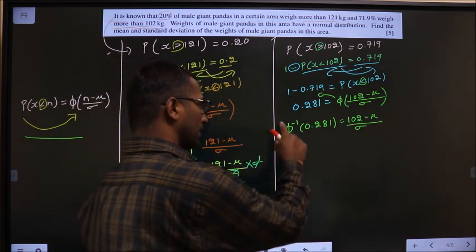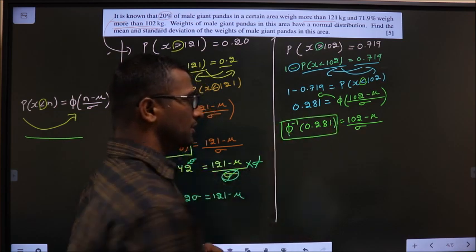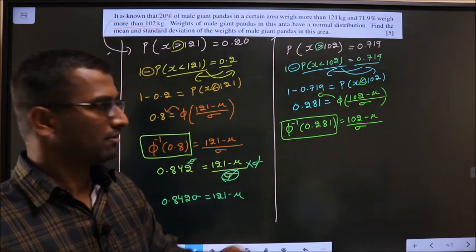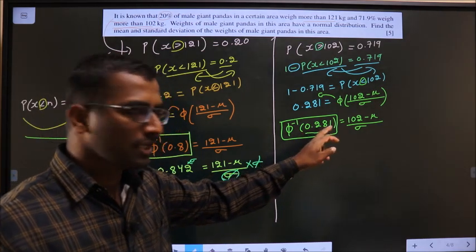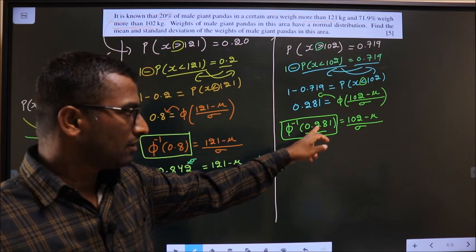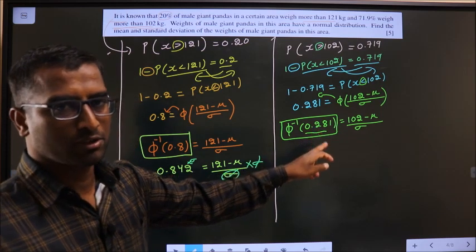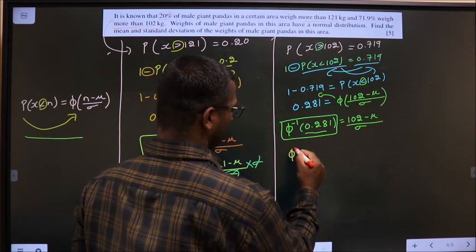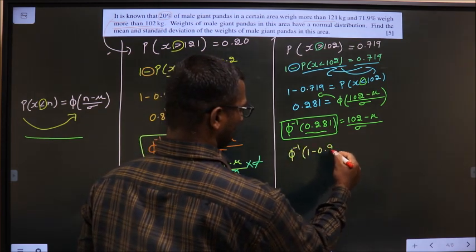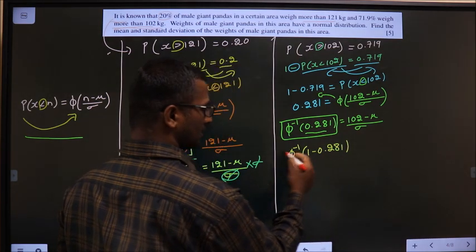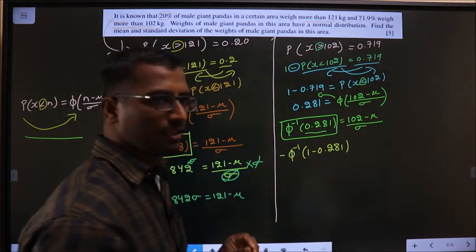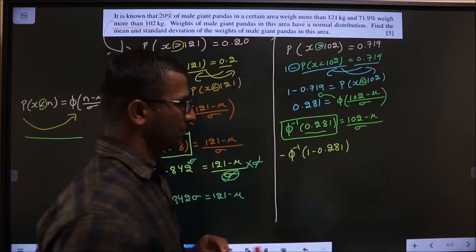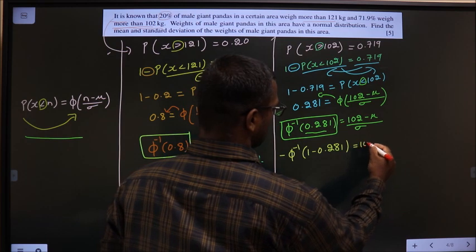Now, this value we will get from the normal distribution table, but there our values start from 0.5, but this is less than 0.5. To make this value greater than 0.5, what we should do is, we should do 1 minus. Whenever inside you are doing 1 minus, outside you should put the negative sign. It is a rule. Inside 1 minus, outside put the negative sign. Equal to, no change on this side.